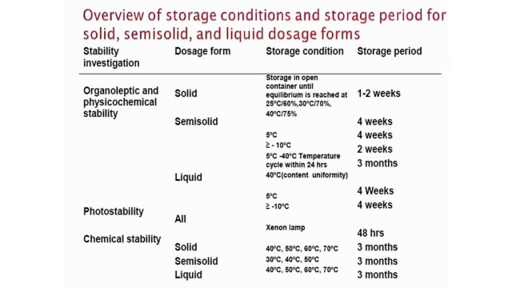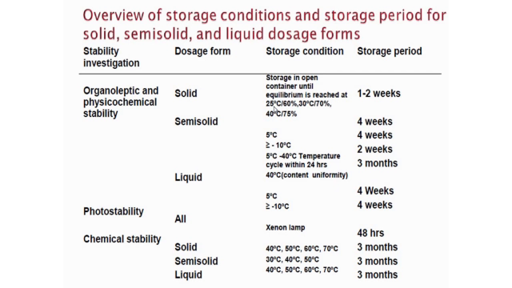So now, an overview of the storage condition and the storage period for solid, semi-solid and liquid dosage forms for stability testing. So organoleptic and physicochemical stability for dosage forms like solid, semi-solid and liquid. How are we going to perform it? For solid, 1 to 2 weeks storage period, right? For semi-solid 4 weeks, for liquid up to 3 months, right?